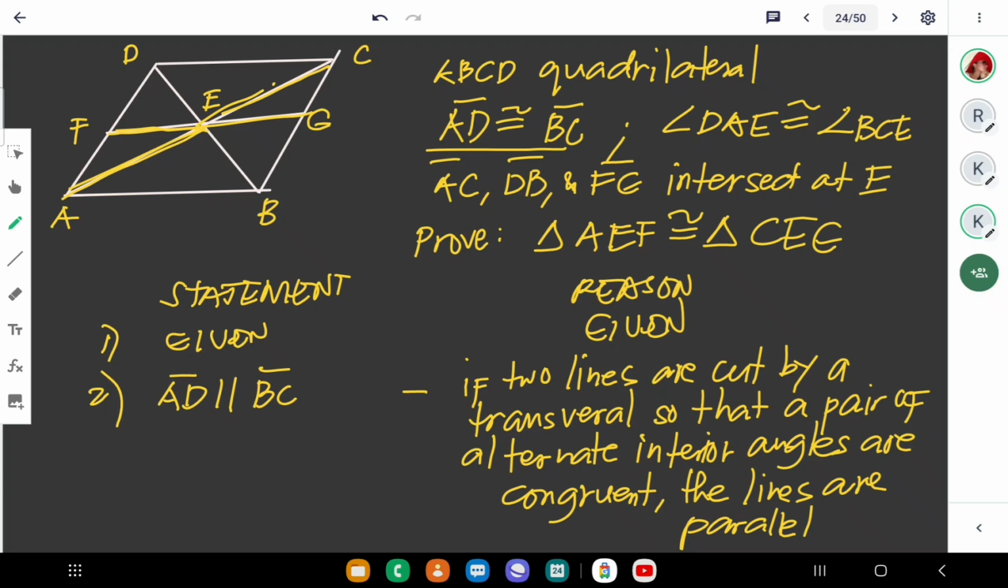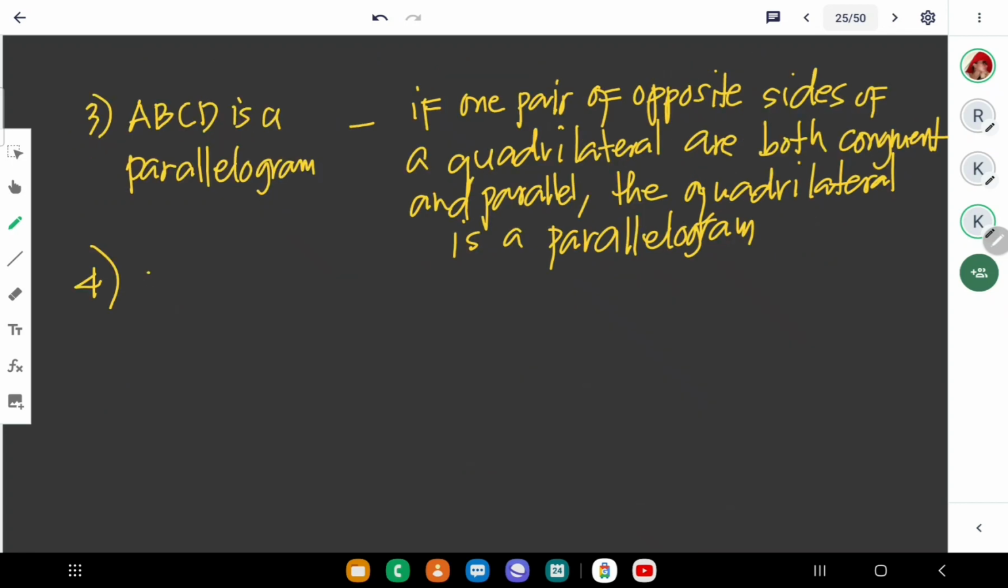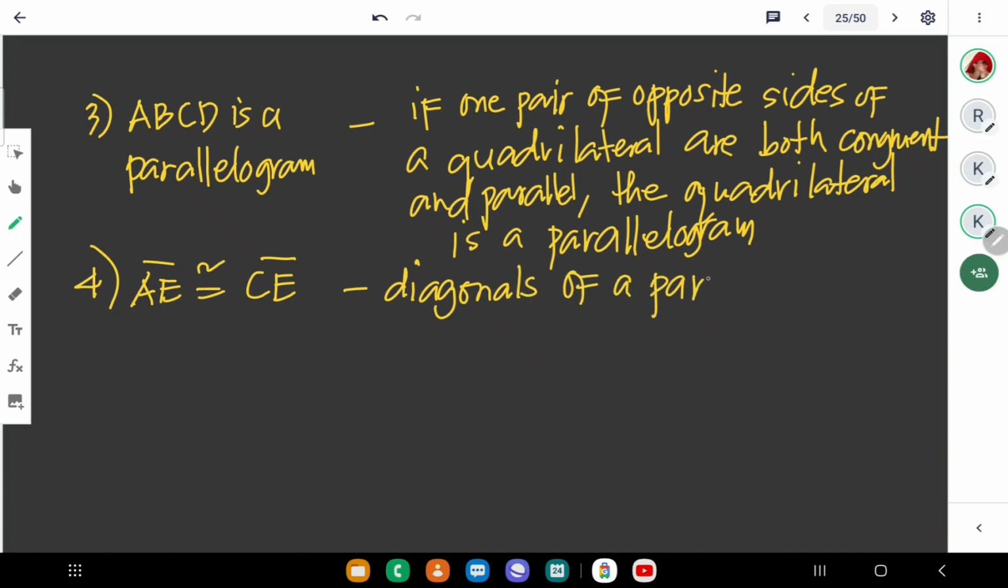It's stated from the given that AC, DB, and FG intersect at E. So we can conclude that AE is congruent to CE, because the diagonals of a parallelogram bisect each other.